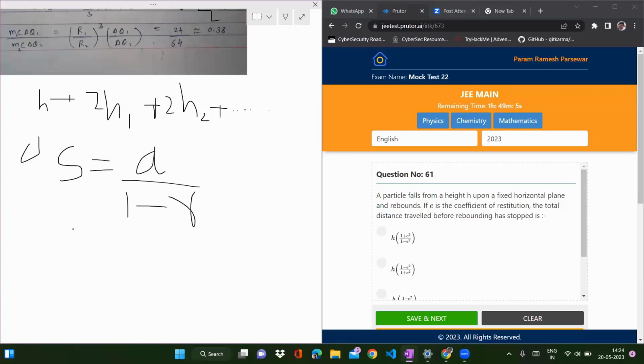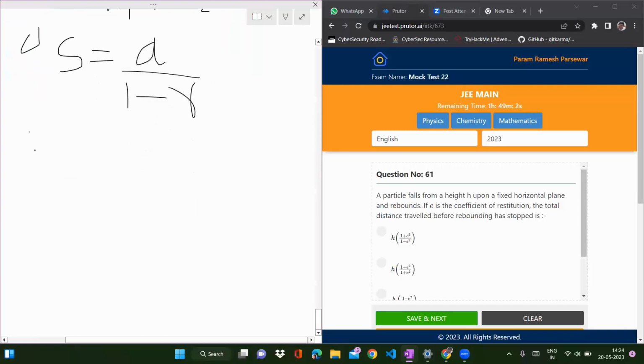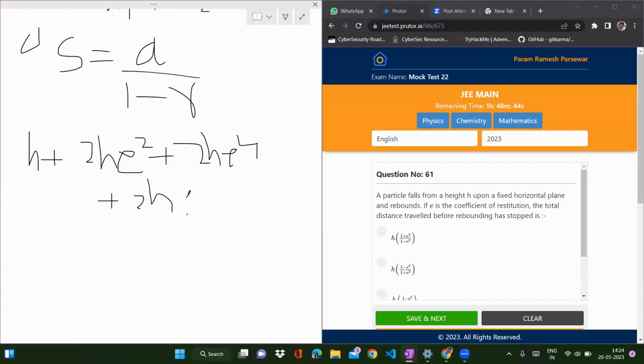In this case, if we simplify this expression, it becomes h plus 2h e square plus 2h e to the power 4 plus 2h e to the power 6 and so on. If we take 2h e square common, we get 1 plus e square plus e to the power 4 and so on.